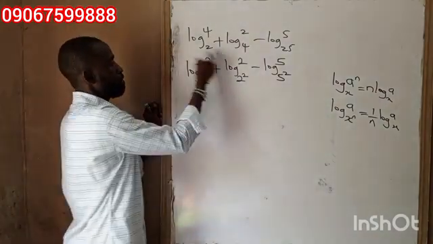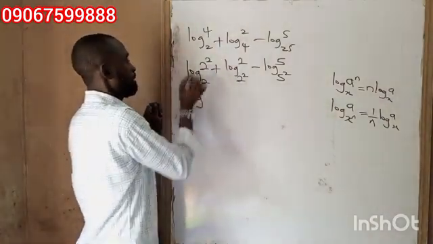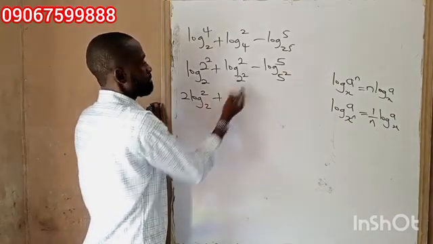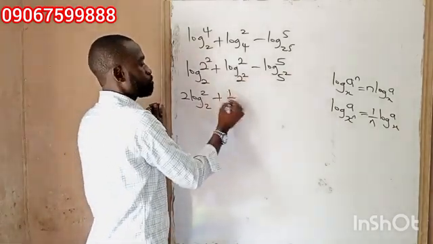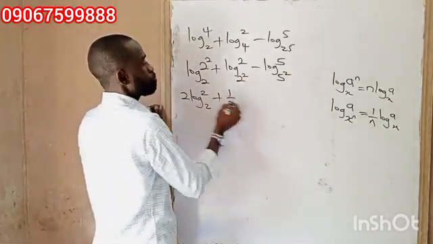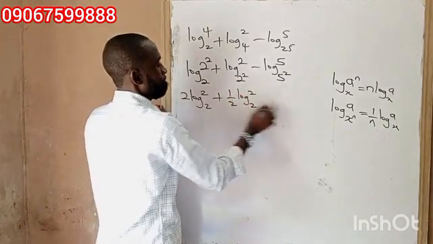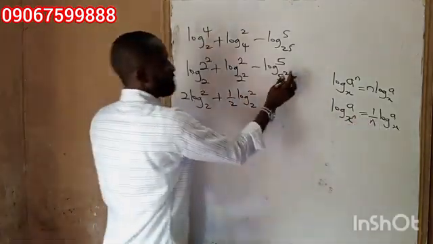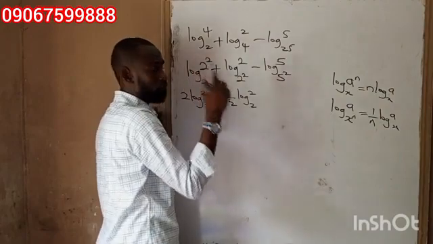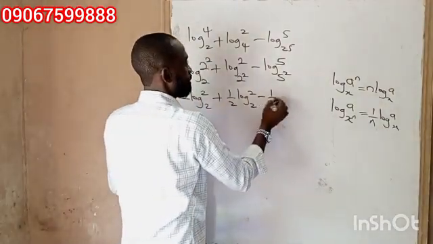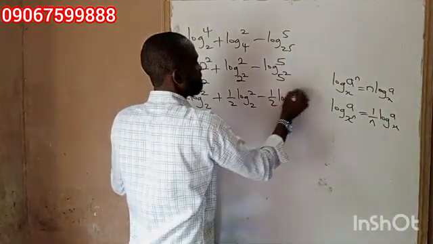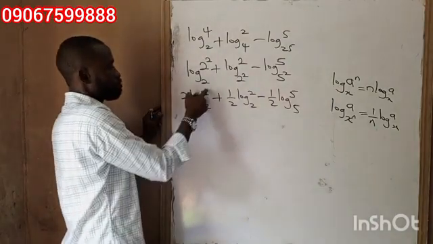So I will come here, it will become 2 log 2 base 2 plus, if the power is coming, 1 over 2 log 2 base 2, based on what I have here. Then minus 1 over 2 log 5 base 5. So what is log 2 base 2? That is 1.